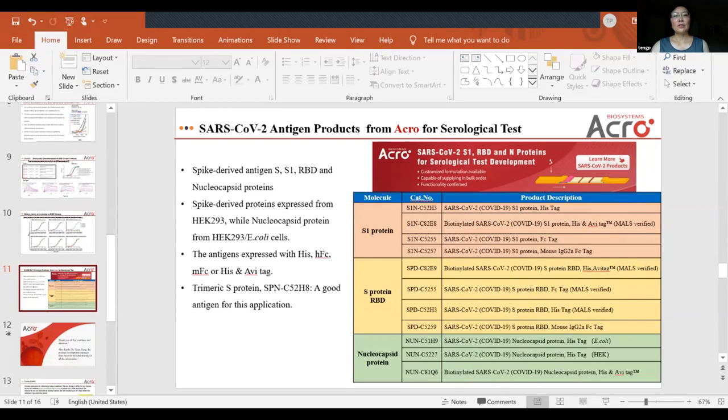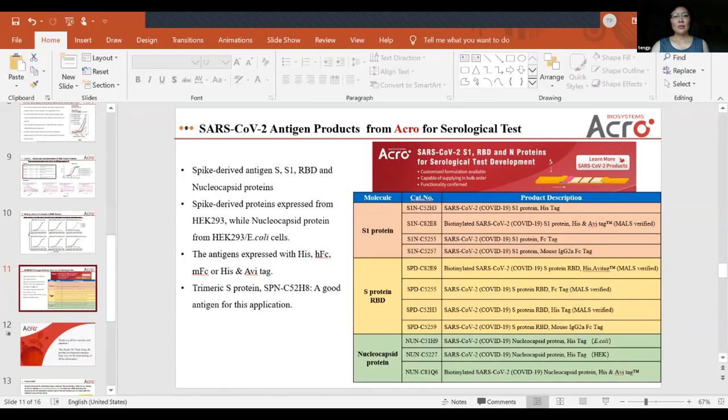And all these proteins are expressed in HEK293 cells, except the nucleocapsid protein, which is expressed in either HEK293 cells or E. coli cells. And all the proteins have different tags, either His tag or human Fc tag or mouse Fc tag, or with His tag and Avi tag for biotinylation.